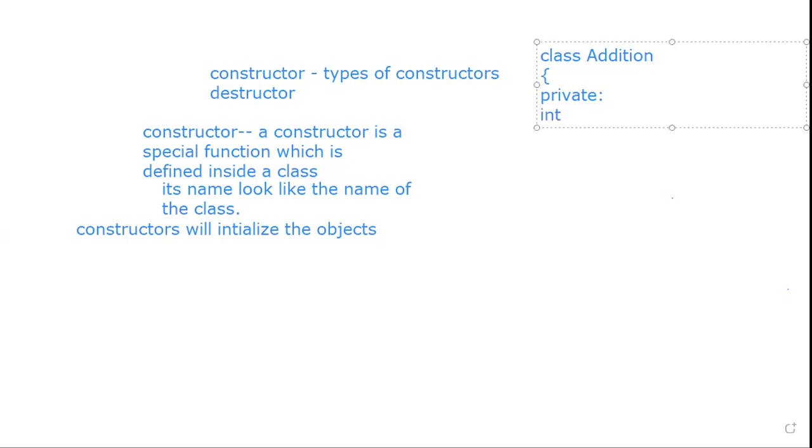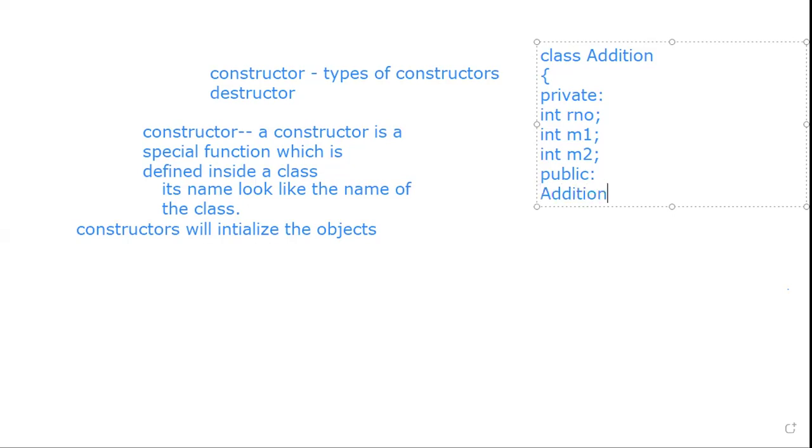I will say here int rollnumber, int marks1, int marks2. So now I have to define the methods. For this, I am writing one method that is called constructor.